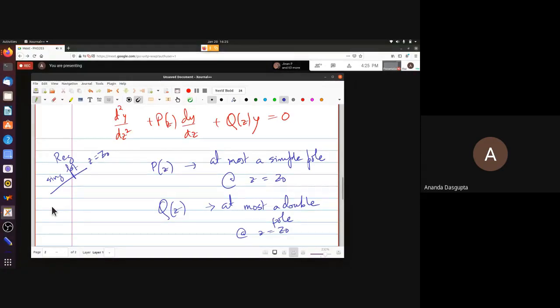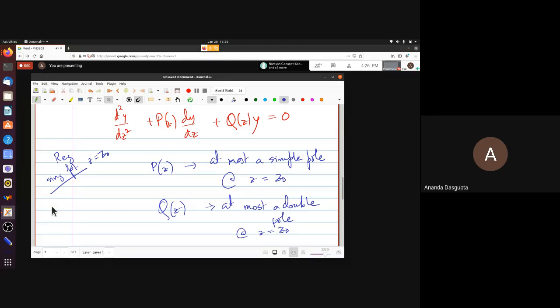On the other hand, if you had more than a simple pole, then the Wronskian would have a factor which has the exponential of at least 1 by (z minus z0) or more. And that is a sure-shot prescription for getting an essential singularity.